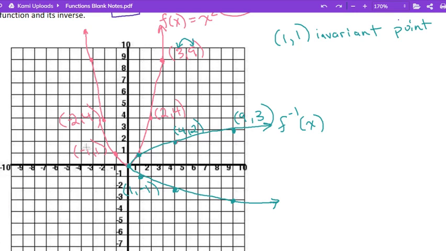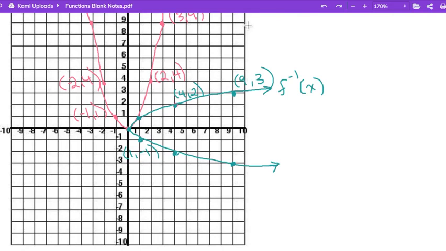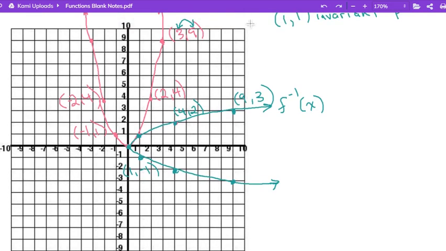And so what you have found is that the line upon which the parabola folds is this line. So we are talking about a reflection, folks. It's just that we're not talking about a vertical reflection nor a horizontal reflection.